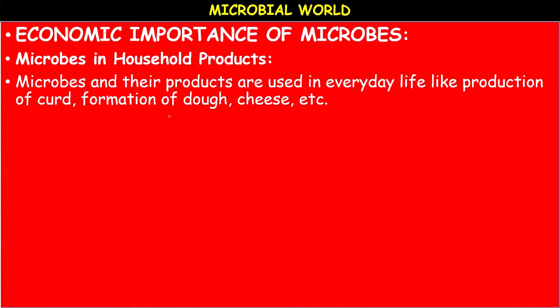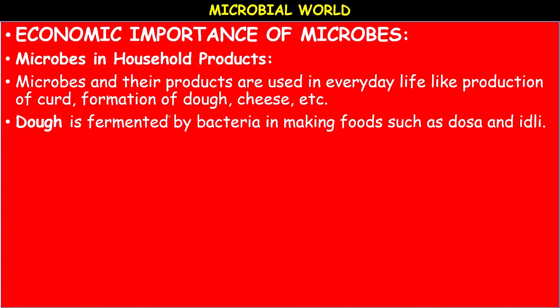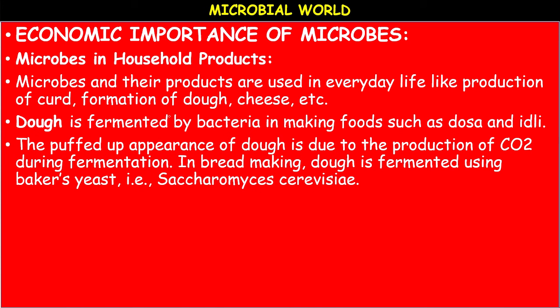Okay. So, the economic importance of microbes, how microbes are useful. The microbes in household products: in day-to-day life, microbes and their products are used, like the production of curd, formation of dough, cheese, etc. Dough is fermented by bacteria in making foods such as dosa and idli.